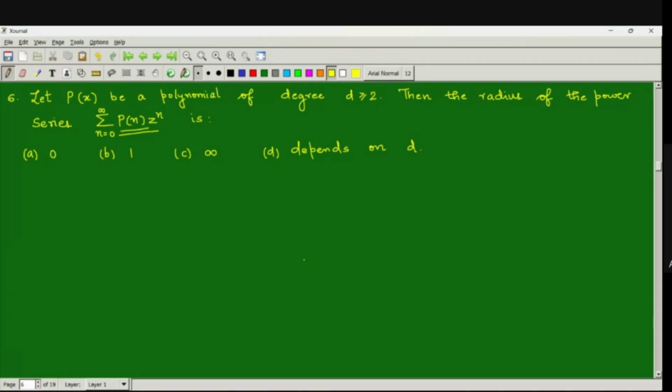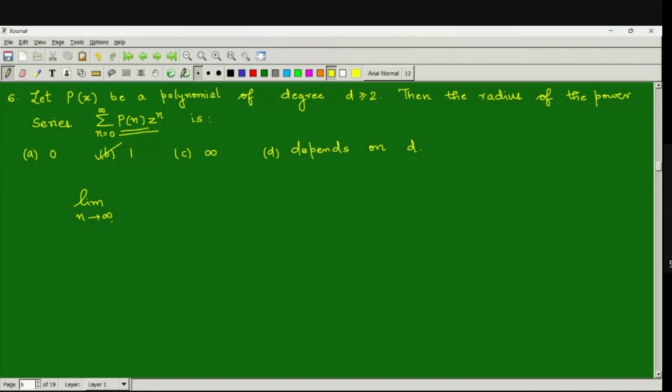It will be option B. Okay, how? What did you calculate? Anyone please tell. The radius of a polynomial is always 1.